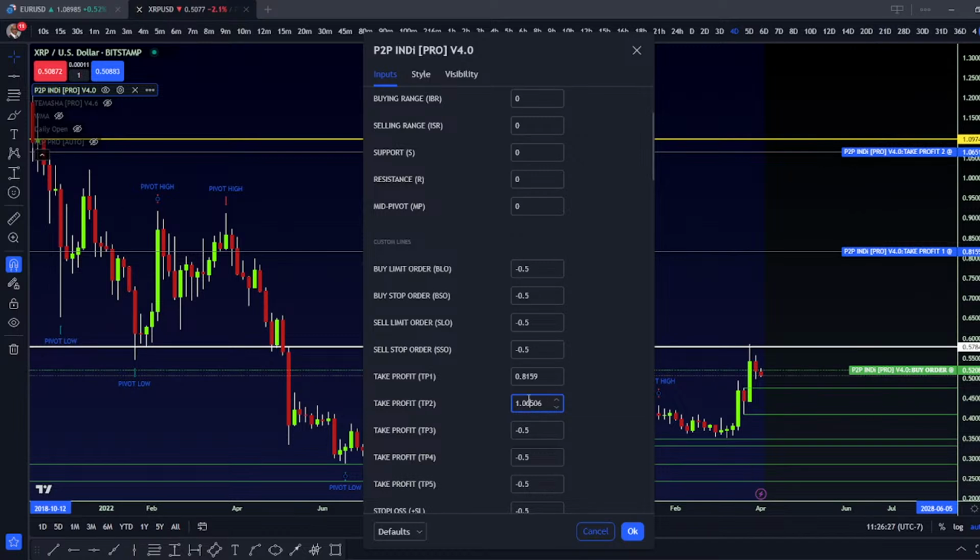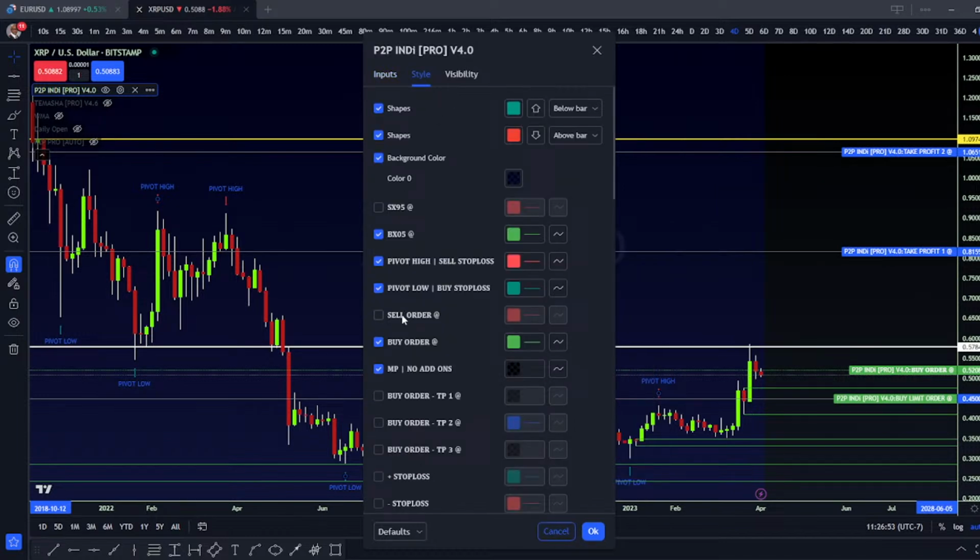Let me see if I can find a nice support level for you to get in at. Let's try a buy limit order at 0.45. Let's see what that looked like. And then we'll change. This was a buy limit. Oh, we'll change this to a buy stop.